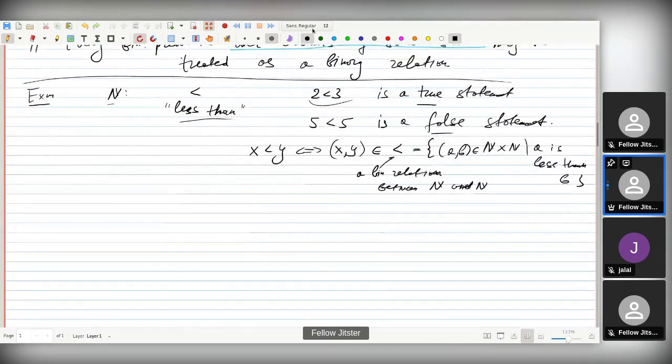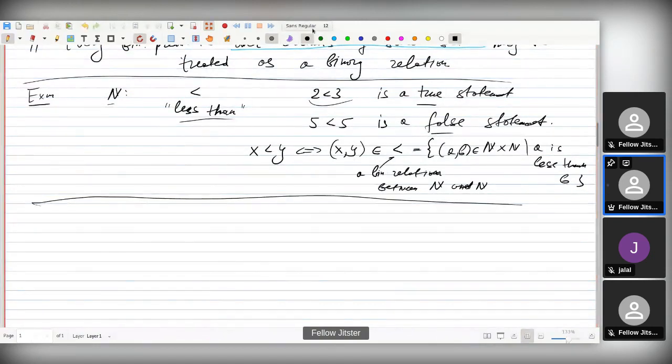Okay, as an example, we can easily treat the identity relation, the identity predicate, that is, of x being equal to y, as a set. By definition, this set is known as the identity relation. Let A be whatever set.